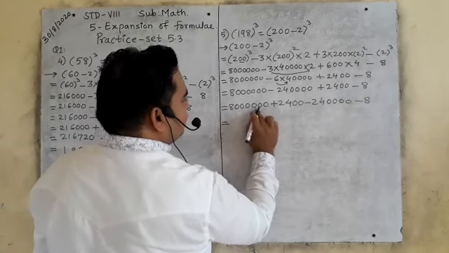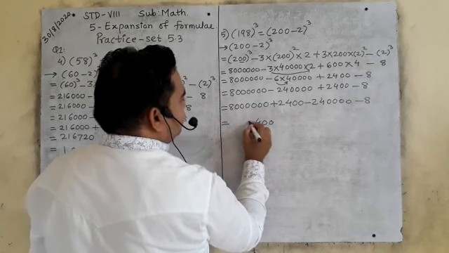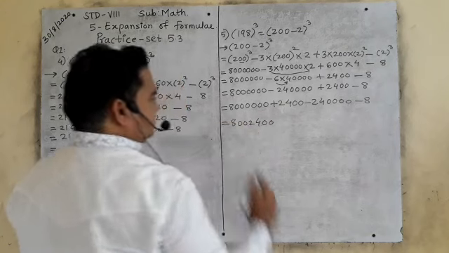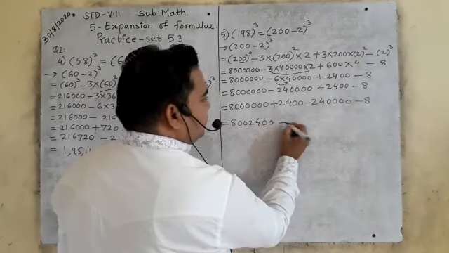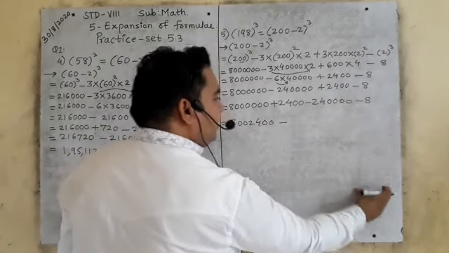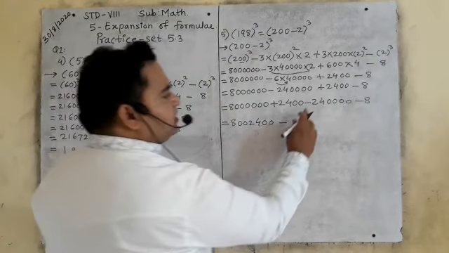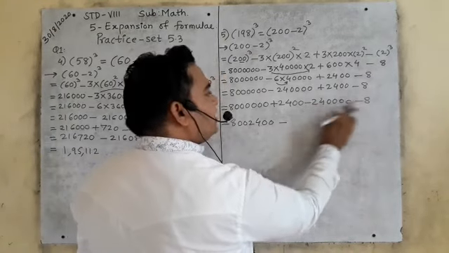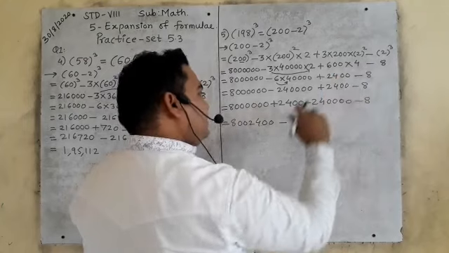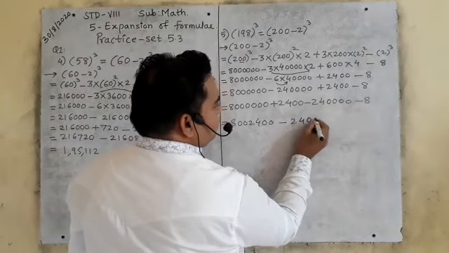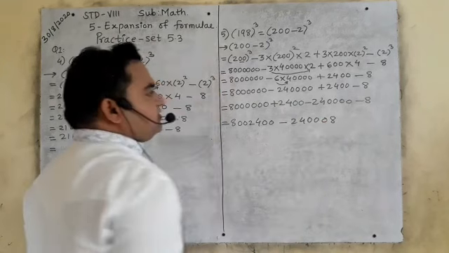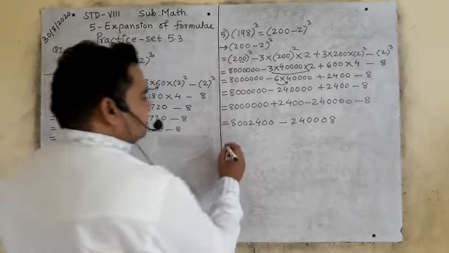Okay, 8 0 0 4 2 0 2 0 0 8. Okay, very simple. The horizontal addition you can do it very easily, otherwise you can solve beside and you can write, very easy. Now see, this is minus, this is also minus, so minus minus minus, addition of numbers, so it is 240008. Is it clear?